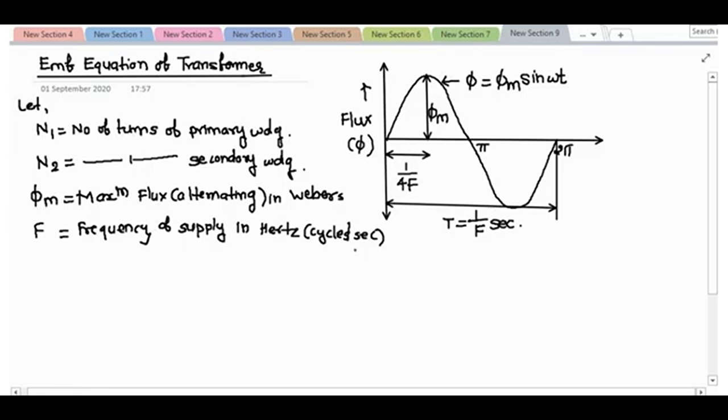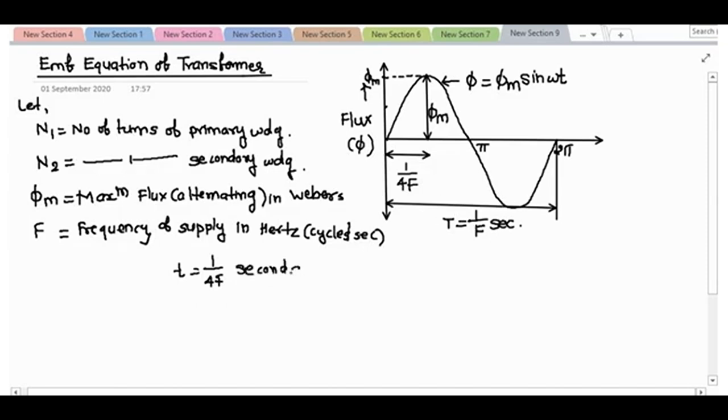From this figure it is clearly seen that flux grows from 0 to its maximum value, which is nothing but your phi m, in 1/4 of the cycle, that is in time equal to 1 upon 4f. Because what is the time for one cycle? It is 1 upon f. So what is the time for 1/4 cycle? It is 1 upon 4f seconds.